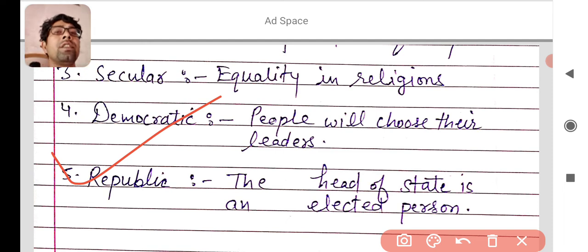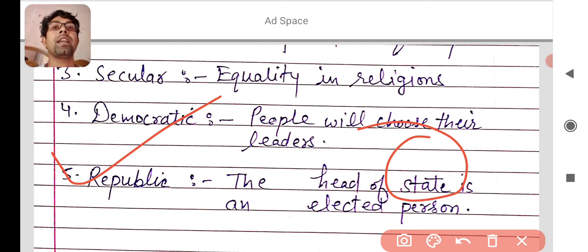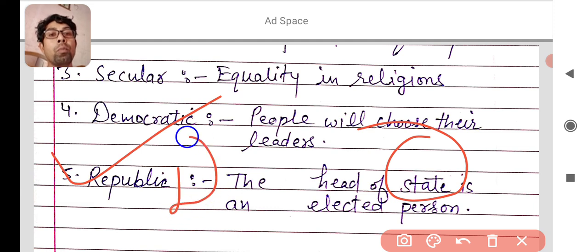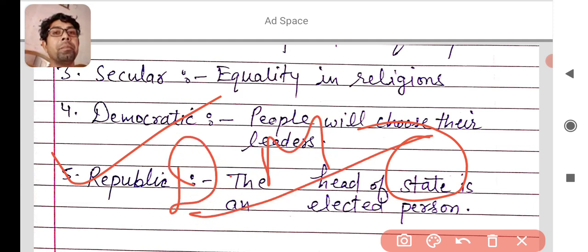State here means the whole country, not a separate state like Haryana and Punjab. Here state means the head of the country. You know that in India the head of the country is the president. Who is the president of India? Draupadi Murmu. And Draupadi Murmu is an elected person.